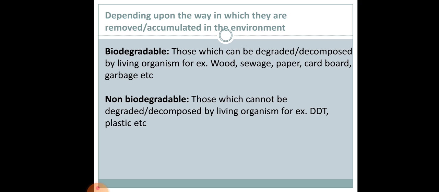And non-biodegradable pollutants are those which cannot be degraded or decomposed. For example, plastic, which is one of the most difficult wastes, as there is no solution for plastic waste disposal, because it is one of the most important forms of non-biodegradable waste, and also DDT, etc.